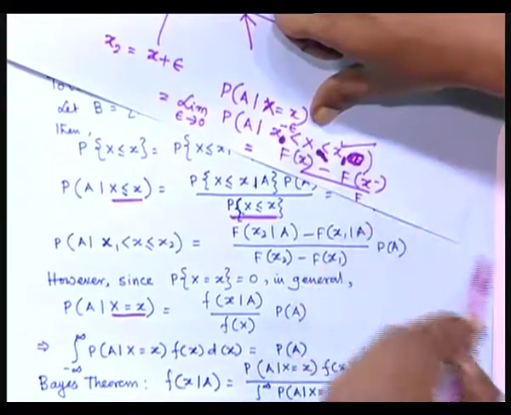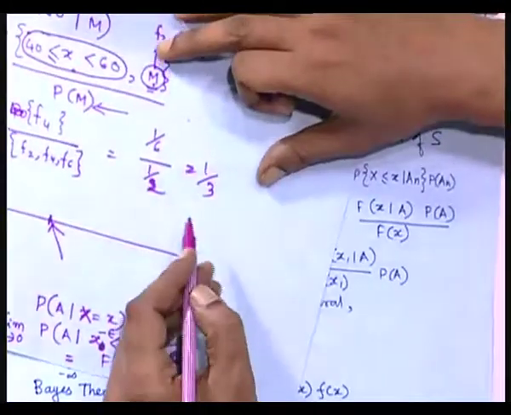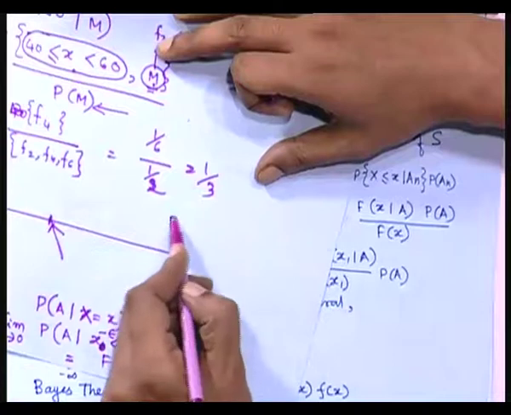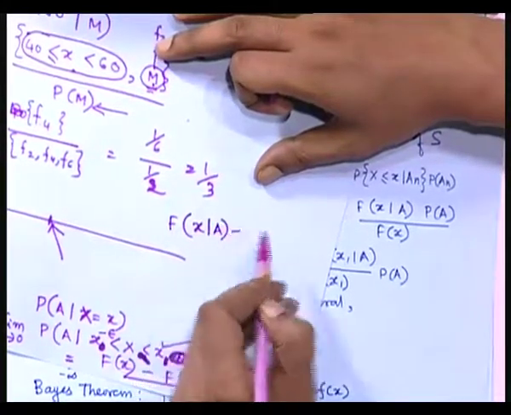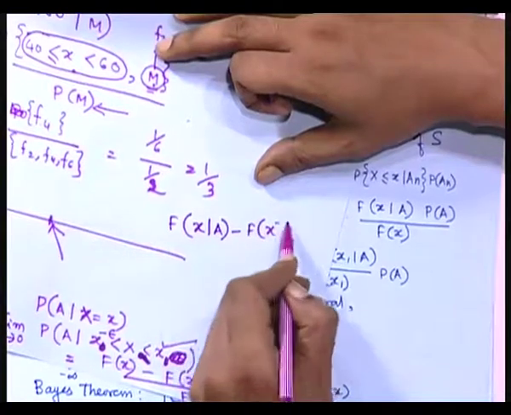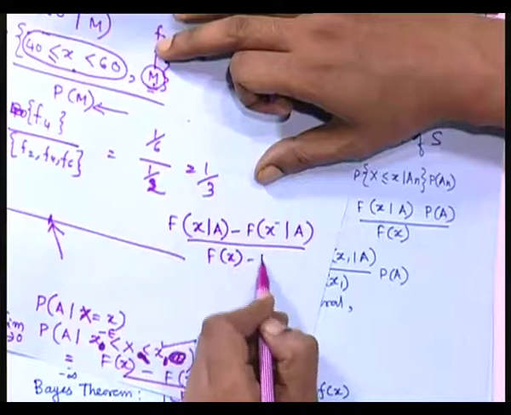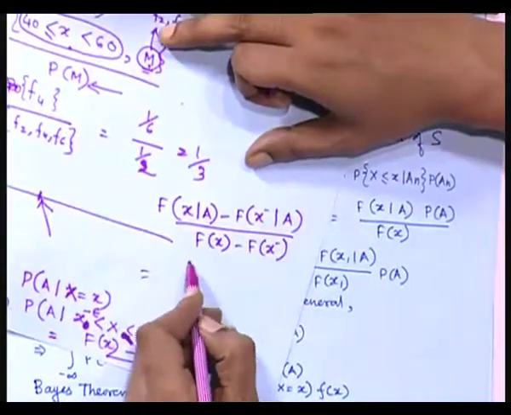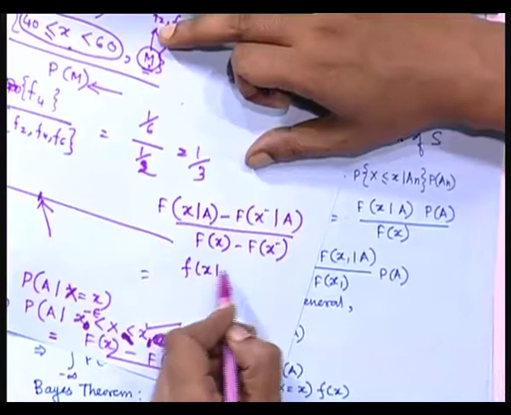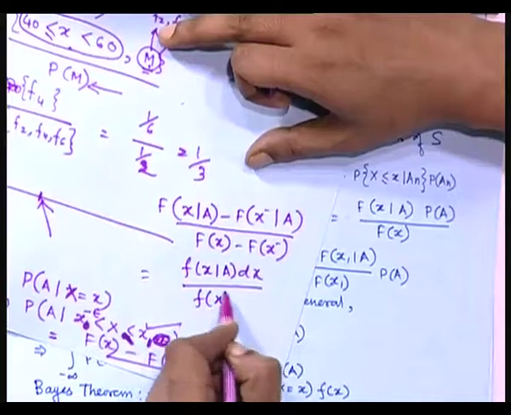So F x given a minus F x minus epsilon given a, divided by F x minus F x minus epsilon. So this you can write as f x given a dx divided by f x dx.